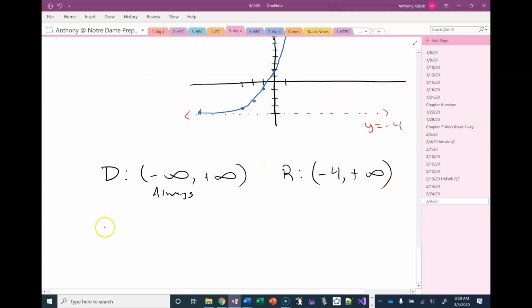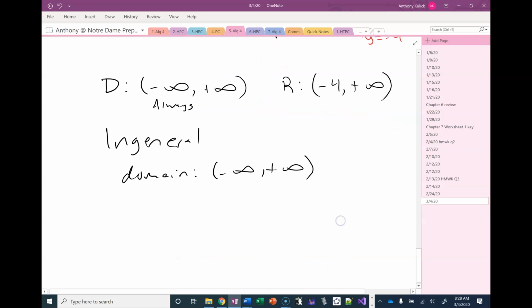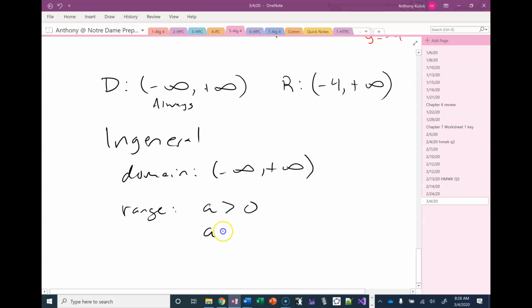So in general, the domain is always this. The range, though, could be two situations depending on whether the A value is positive or negative. If the A value is positive, like we saw in our previous example, the range is going to be k to positive infinity.